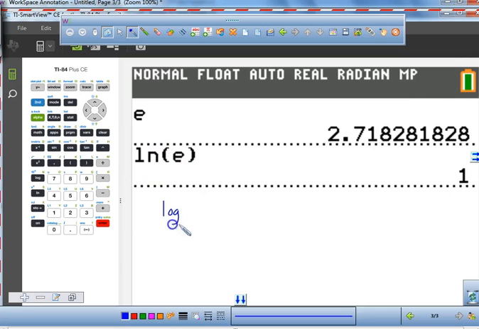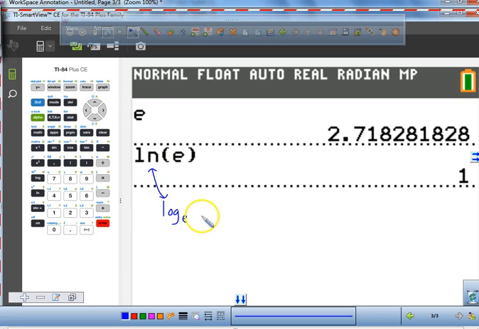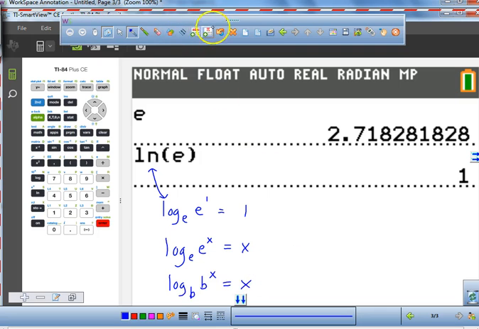The natural log is log base E. These right here are exactly the same. So if I said log base E, E to the power of 1, that's why it's just equal to a 1. This is something you should have in your journal already, because it follows the same pattern as this: log base b of b to the power of x equals x.